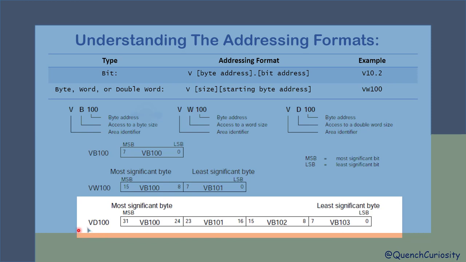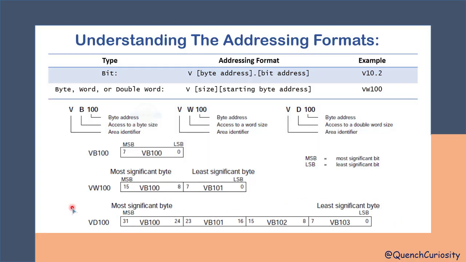That is why if I declare VD100, VB100, 101, 102 and 103 are assigned to VD100. So whatever data I store in VD100 is going to take this entire block of memory. That is why, in order to avoid memory overlapping, we should have a clear idea about memory mapping.